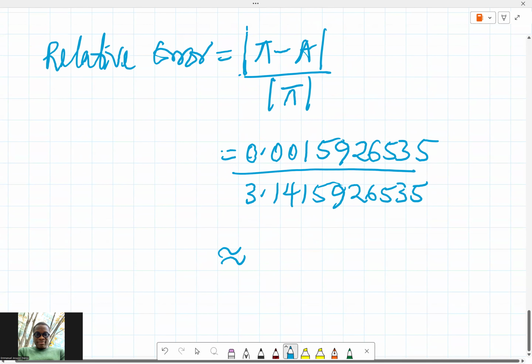When you're doing numerical analysis, you need your calculator handy, especially in an exam situation, because you have to punch your calculator a lot.